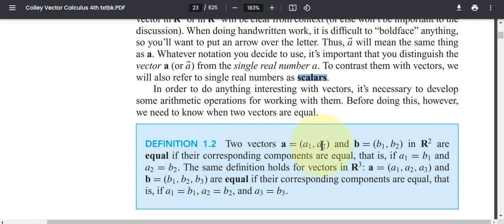Note that if two sets are equal, they don't have to have that property. They just have to have the same elements. The order is not important when we're talking about sets, but when we're talking about vectors, the order is important. So this has to equal this one, and this has to equal that one. And if we have 3 elements, then A1 has to equal B1, A2 has to equal B2, and so on.